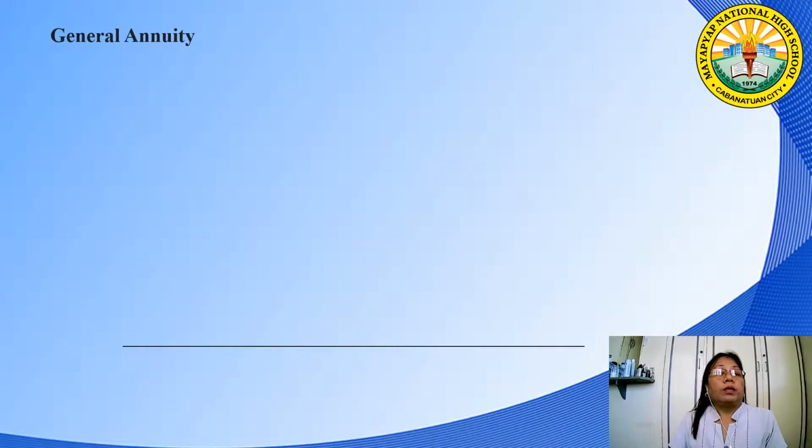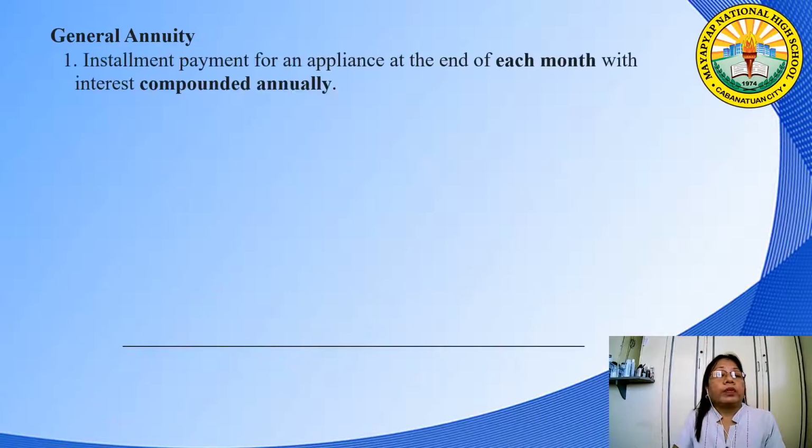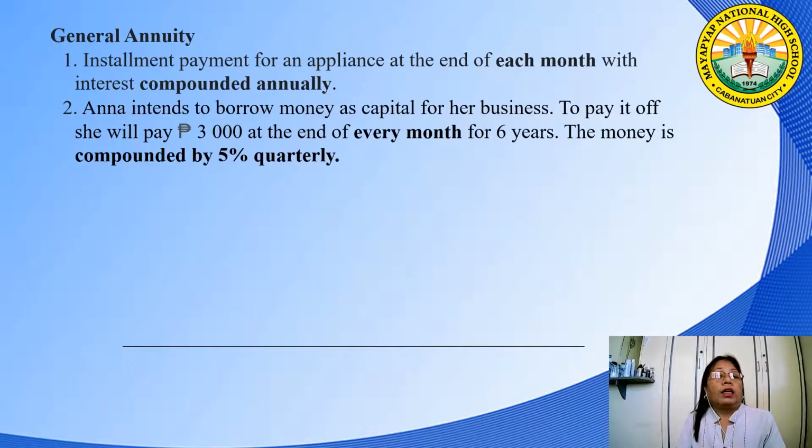For general annuity: the installment payment for an appliance at the end of each month with interest compounded annually. Another example: Anna intends to borrow money as capital for her business. To pay it off, she will pay 3,000 pesos at the end of every month for 6 years.